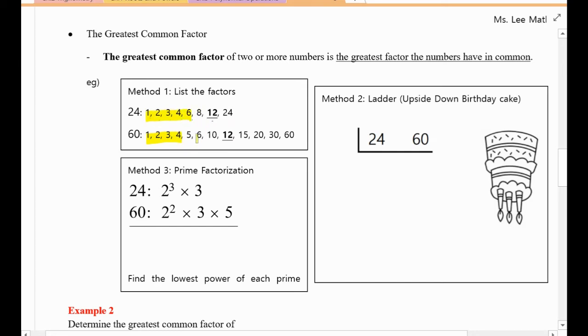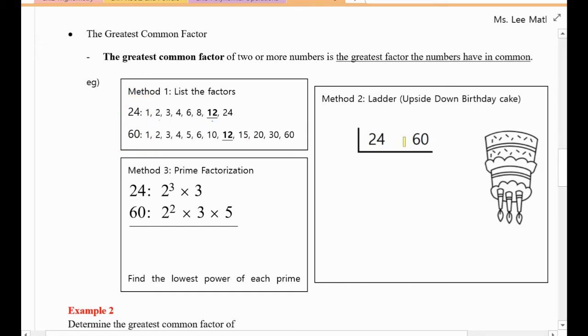The largest, the greatest common factor is 12. So this is the first method, but it takes a lot of time because you have to list all the factors, match them, and find the greatest common factor. So I don't really recommend this method.